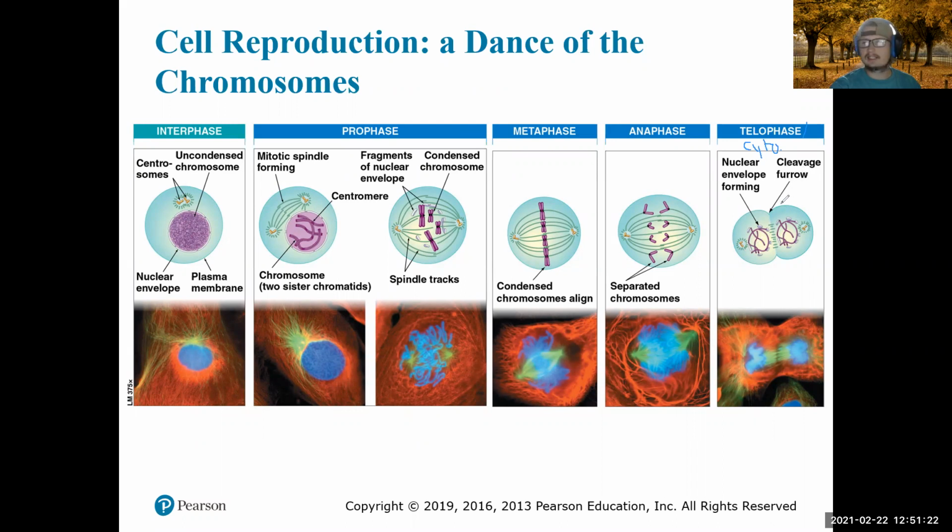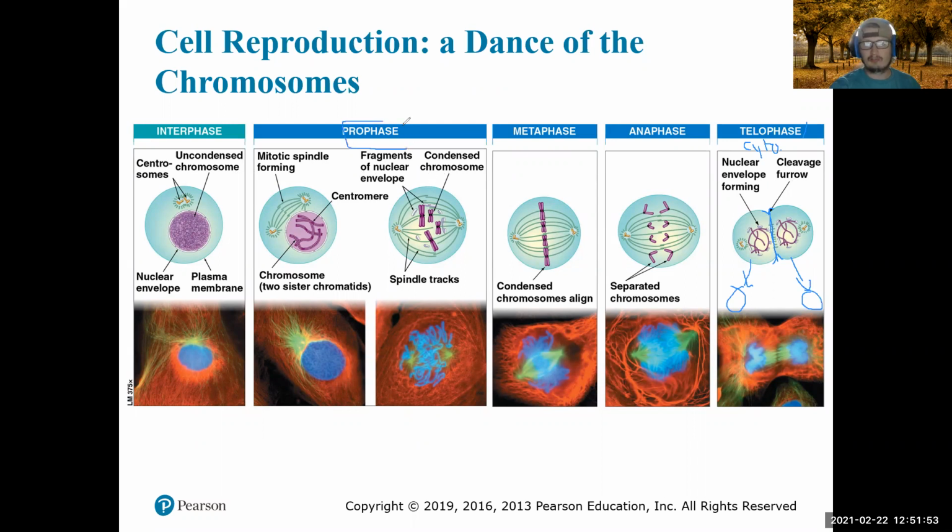So cytokinesis is where the cell divides itself into 2 cells. And so you have a cleavage furrow form in animal cells, which is this indentation here. And that leads to the physical separation of these 2 cells, which eventually will form 2 daughter cells. Okay. And so this is the process of mitotic cell division.